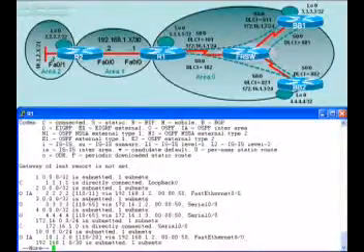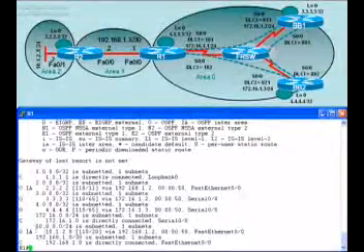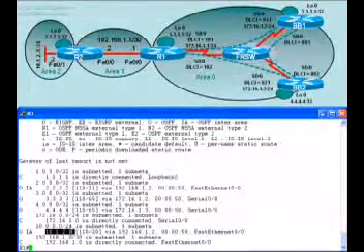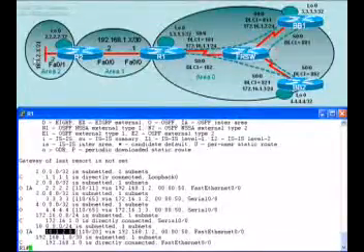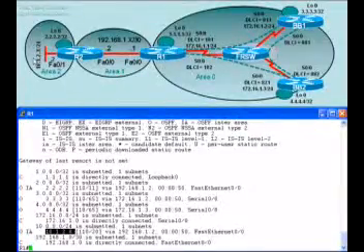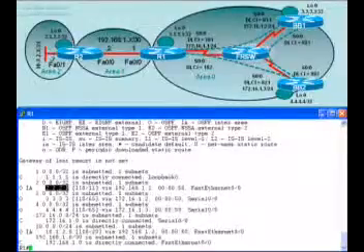Let's do a show IP route. And look at this. We now have knowledge of that 10.1.2.0 network residing over in Area 2. We also have knowledge of router R2's loopback interface, which is 2.2.2.2.